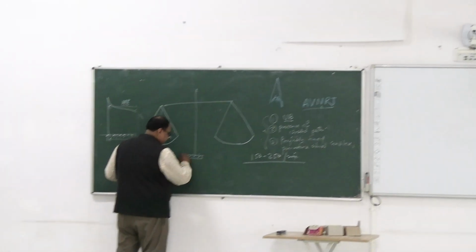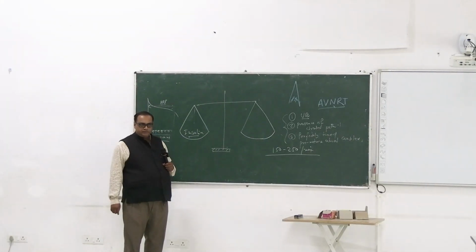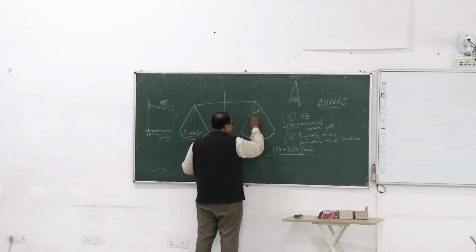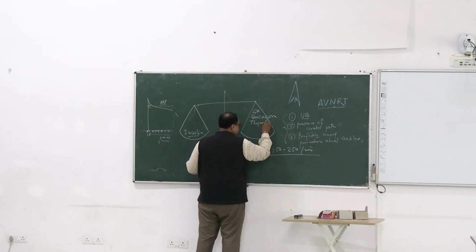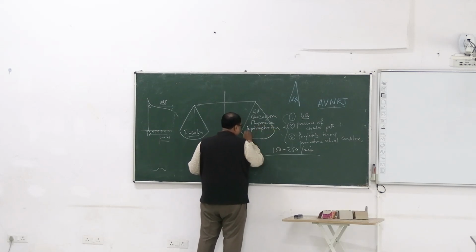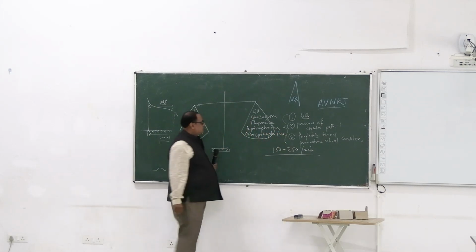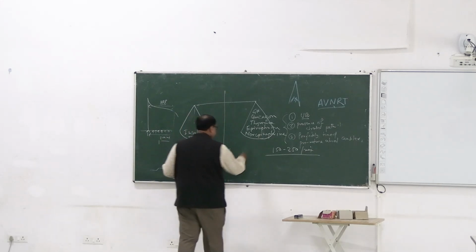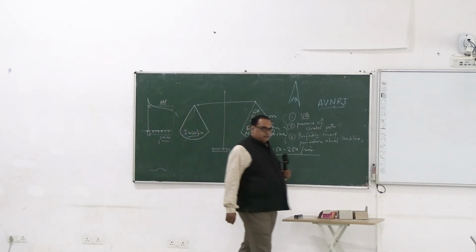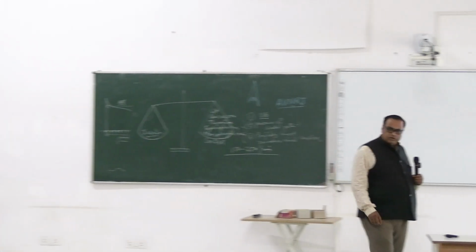This is what? A common balance. On one side there is insulin, on the other side growth hormone, thyroxine, glucagon, cortisol, corticosterone.